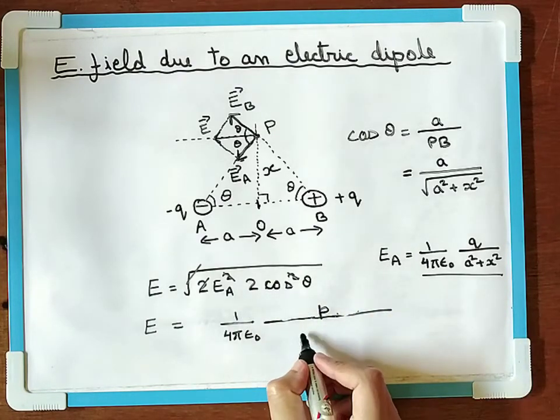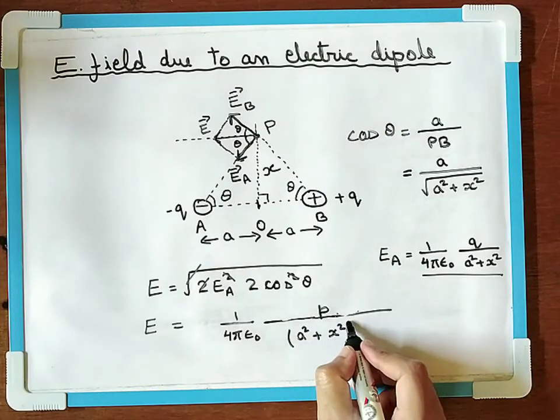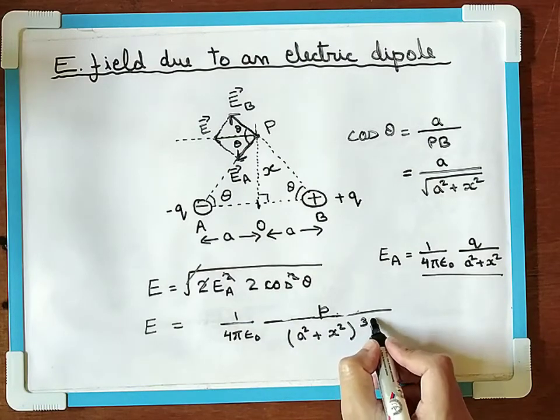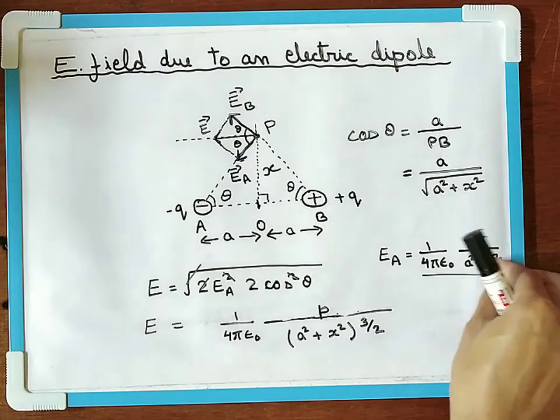So this is the expression for the electric field intensity at point P on the equatorial line due to the electric dipole, and it is given as: E is equal to 1 by 4 pi epsilon naught p, the dipole moment, divided by a square plus x square to the power 3 by 2.